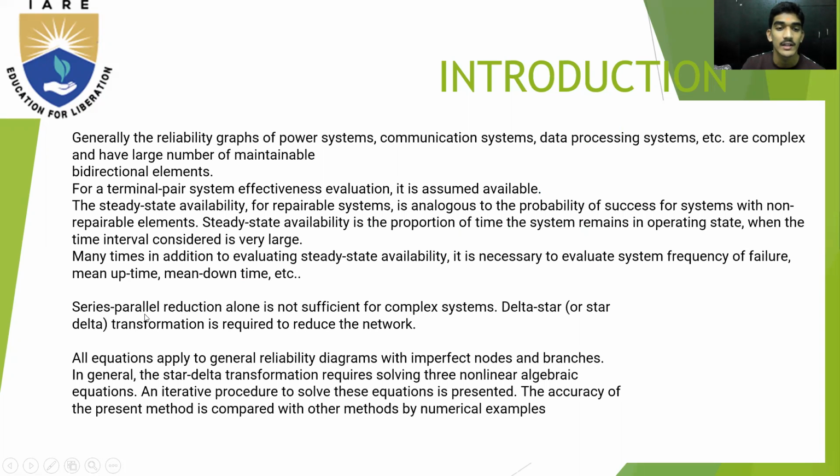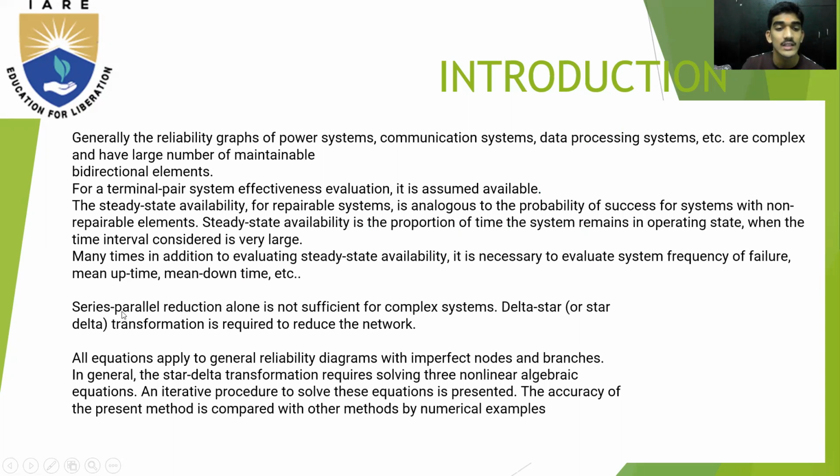Series parallel reduction also is not sufficient for complex systems. Delta star or star delta transformation is required to reduce the network. All equations apply to general reliability diagrams with imperfect nodes and branches.